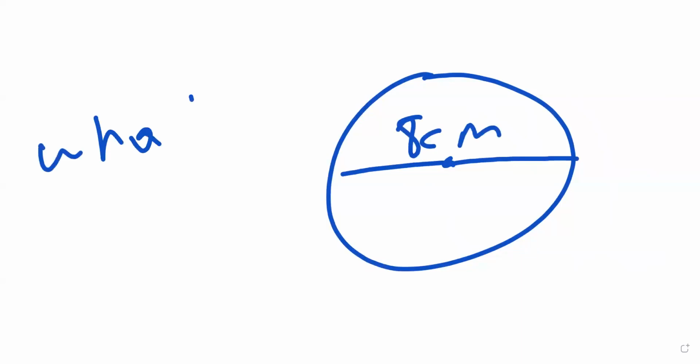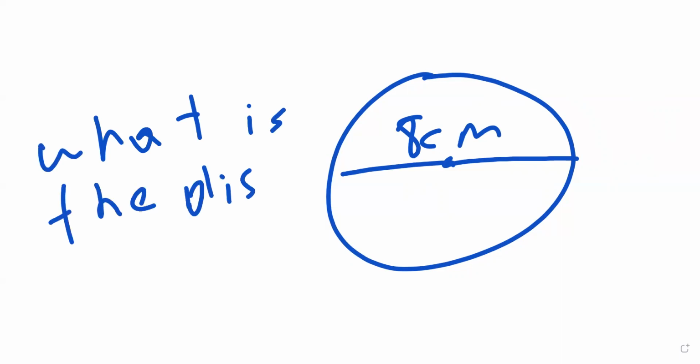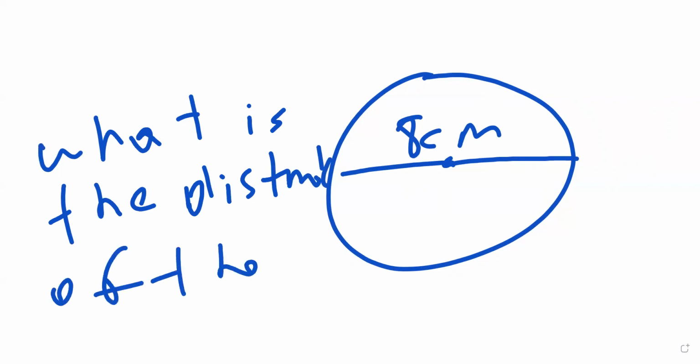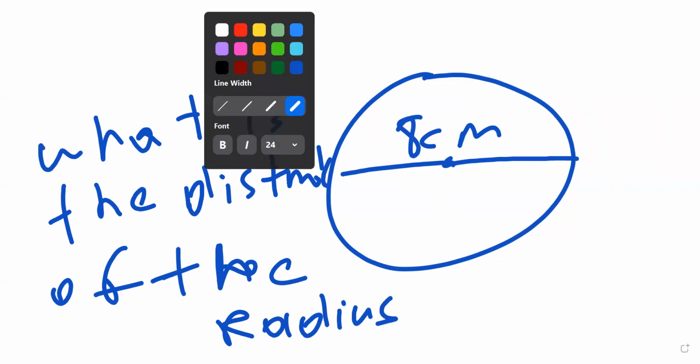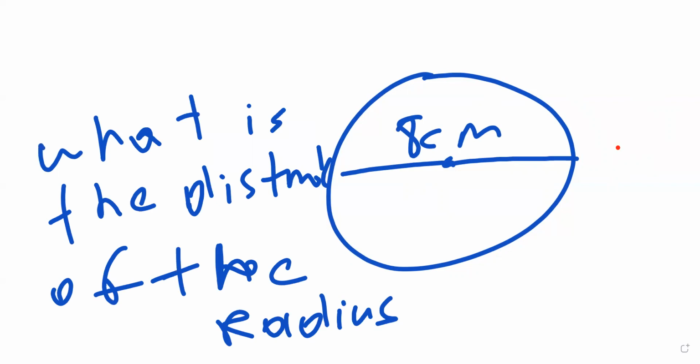Now, if I have a diameter of, let's say, 8 centimeters, what is the distance of the radius? If I were to give this diameter a name, I could just call this SR. I could say C. What's the radius?